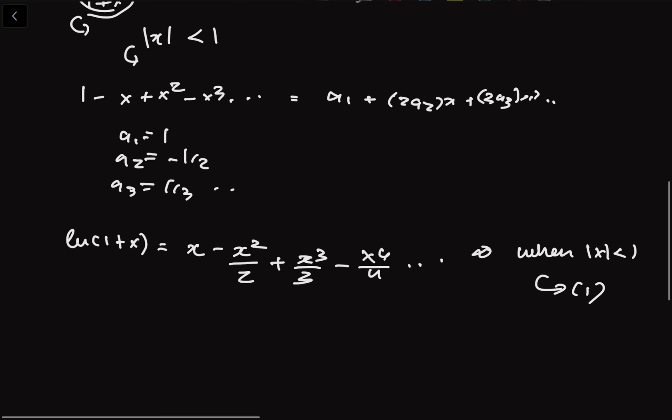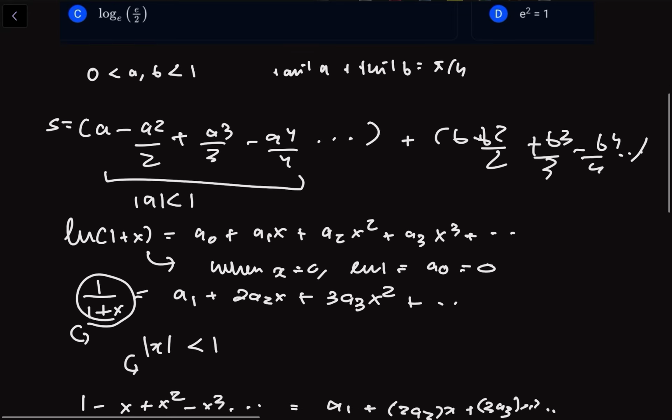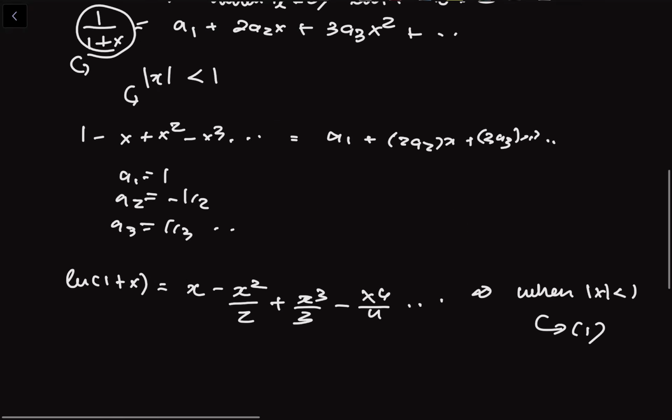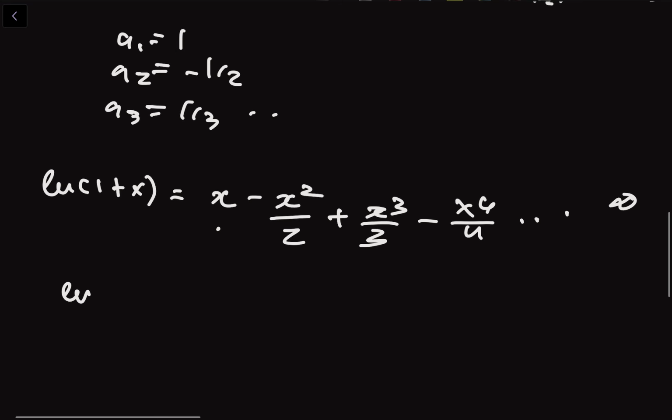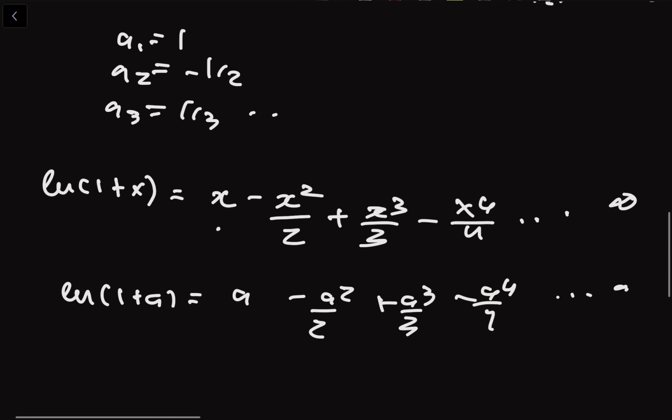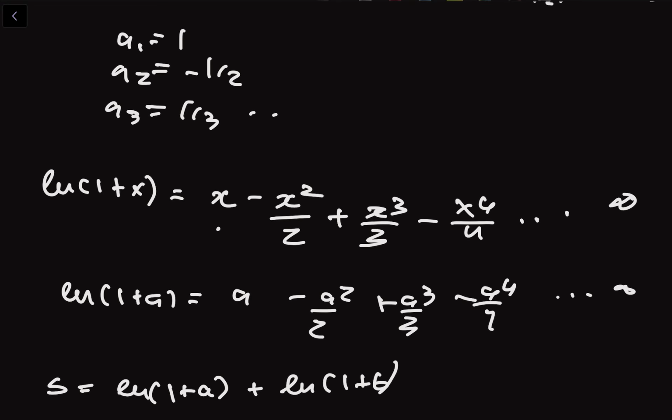Let's call it equation 1. We can compare this with equation 1, and we can see that x is basically a over here, right? So ln 1 plus a is equal to a minus a square by 2 plus a cube by 3 minus a to the power 4 by 4 dot dot dot till infinity. So essentially our S will become ln 1 plus a, and similarly for b it will become ln 1 plus b. So this is our S.